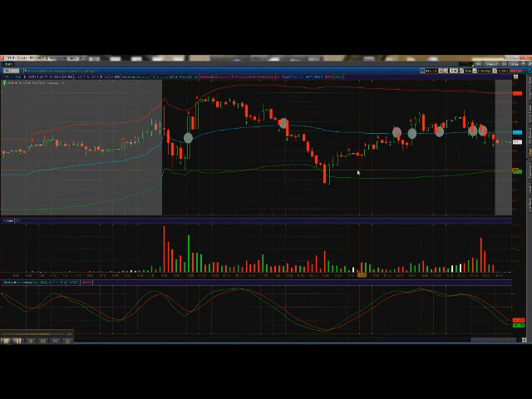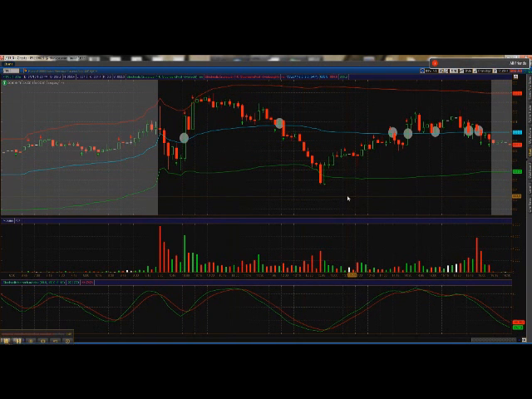Volume weighted average price pretty much is what it is. It's a volume weighted average price, so it's like a moving average, a simple moving average, any kind of moving average, but it's volume weighted. Normally on days with low volume like today, where we didn't do much, we traded in a range of 663 to 655.